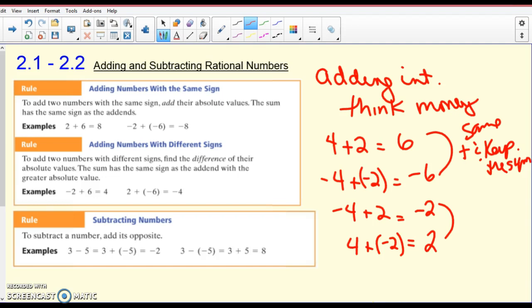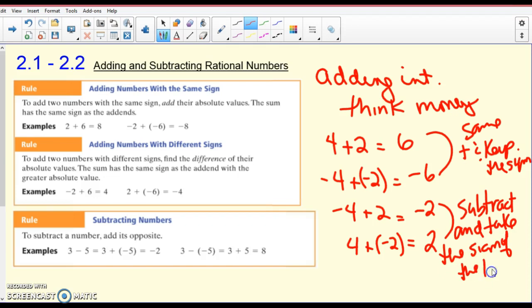Aaron, you subtract and take the sign of what? Yep, take the sign of the larger.